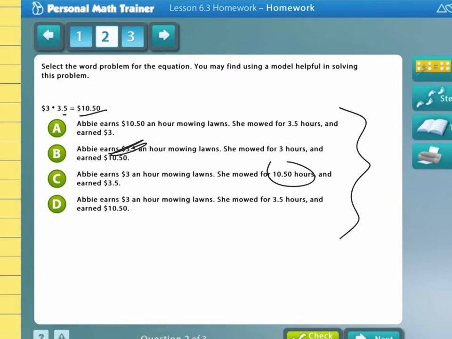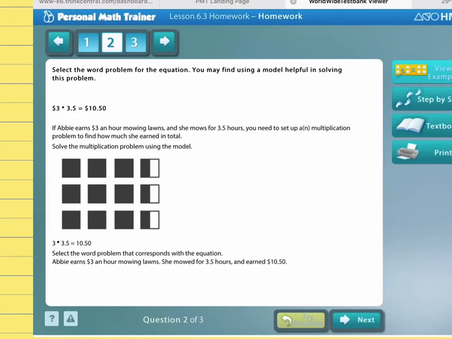Abby earns $3 an hour mowing lawns. She mowed for 3.5 hours. 3.5 hours, she earned that much. So I think it's fairly obvious that D is the answer. Let's check out the example from Think Central. So like the model that they used, these are her 3.5, 3.5, 3.5, and 3.5. So I like that they've drawn that model there, and they have it 3 times.